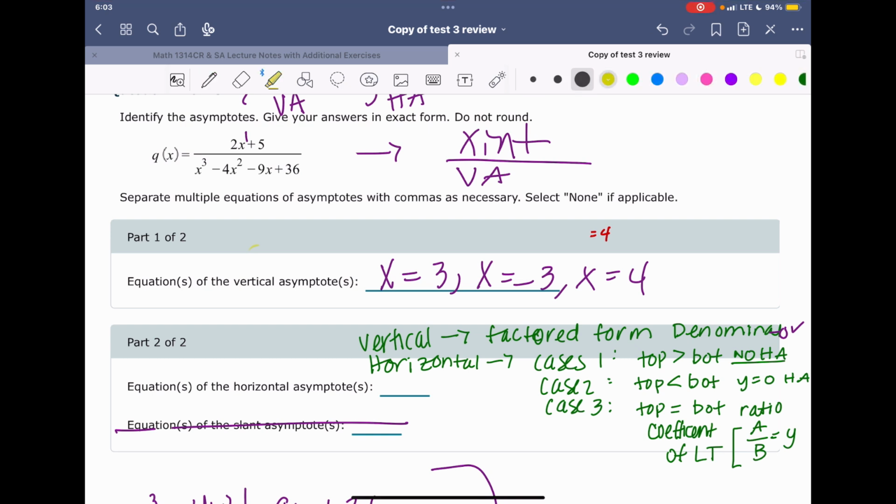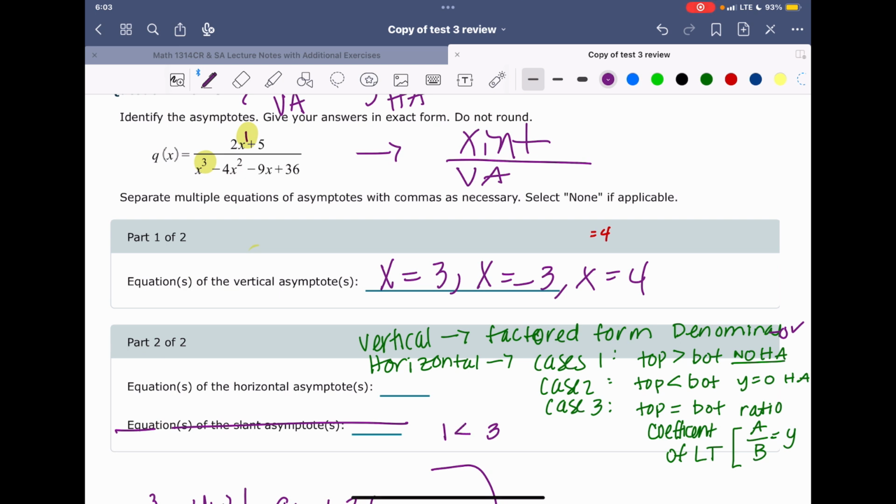And I'm looking right here. And the denominator is going to be, I'm sorry, so I'm looking at 1 and 3. The power of the top is 1. The power of the bottom is 3. Is 1 greater than, equal to, or less than 3?